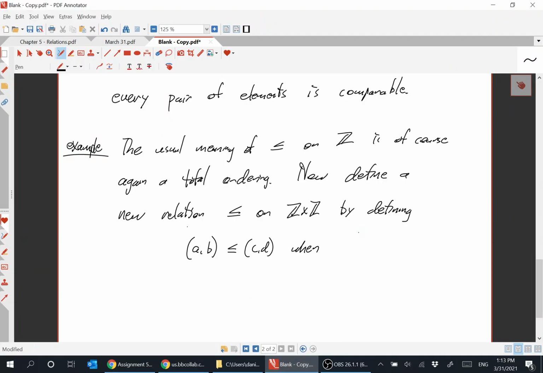Let me not use CD, let's say (X, Y). (A, B) is less than or equal to (X, Y) when A is less than or equal to X and B is less than or equal to Y. So this is the new meaning on Z cross Z, and these here are the usual meanings on just Z itself.